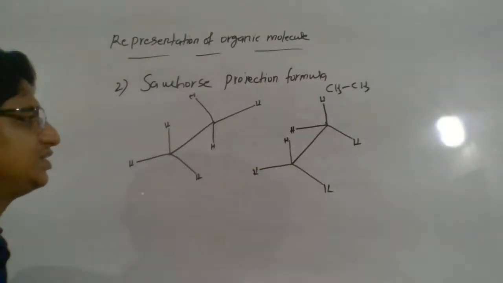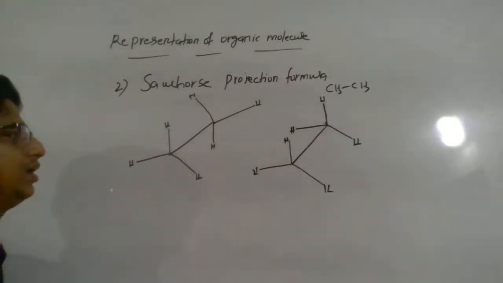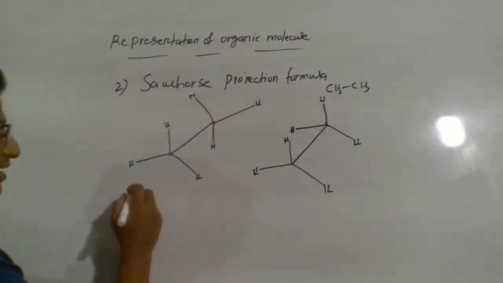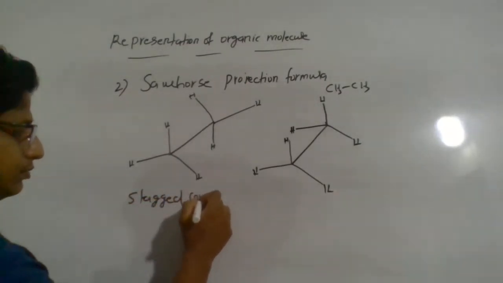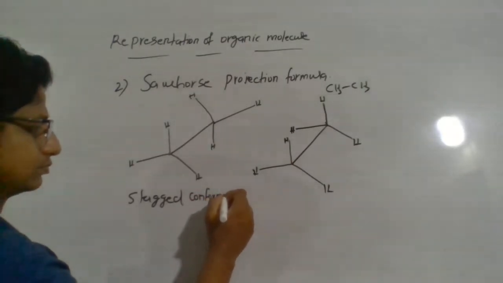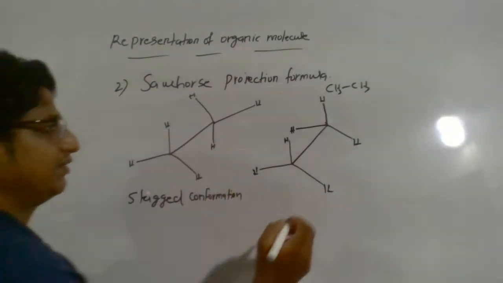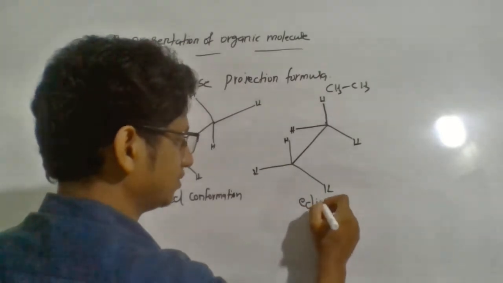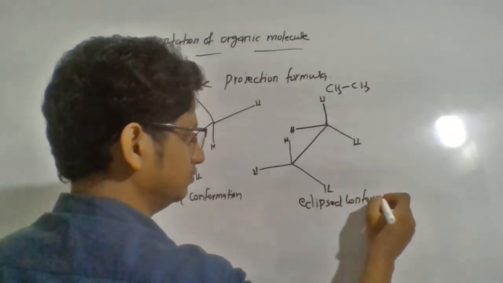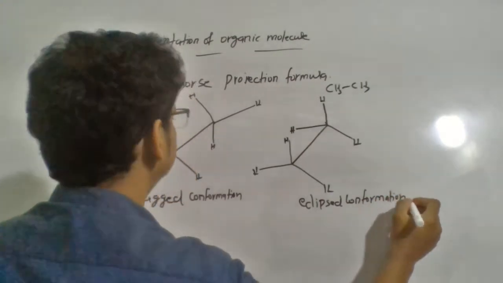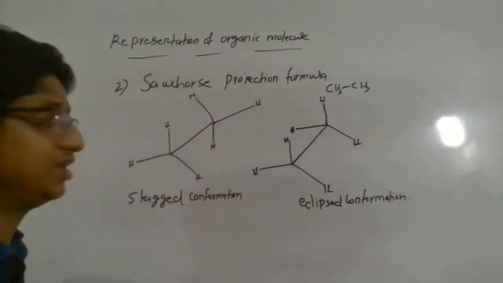Okay, so in this type of representation, I will call this the staggered conformation of ethane. This I will call the eclipsed conformation. So what's the difference between these two?